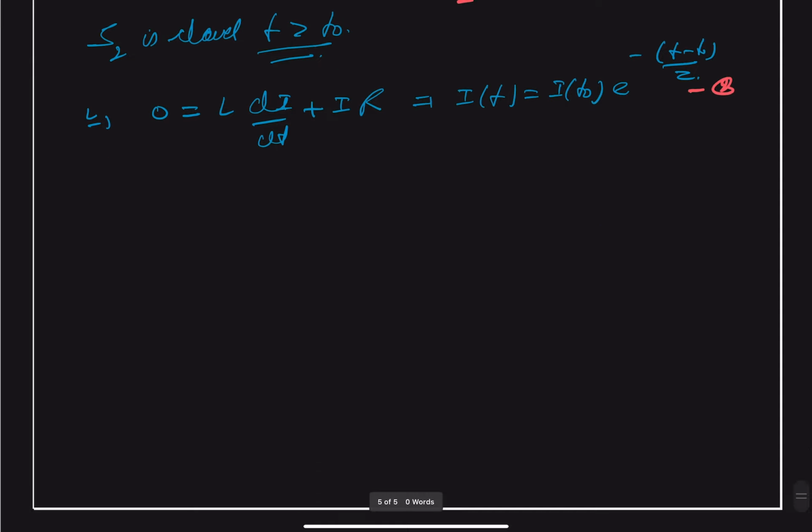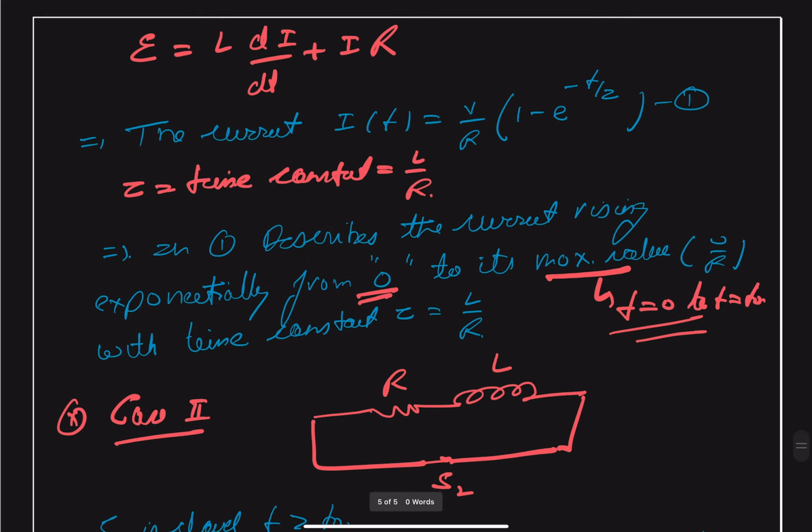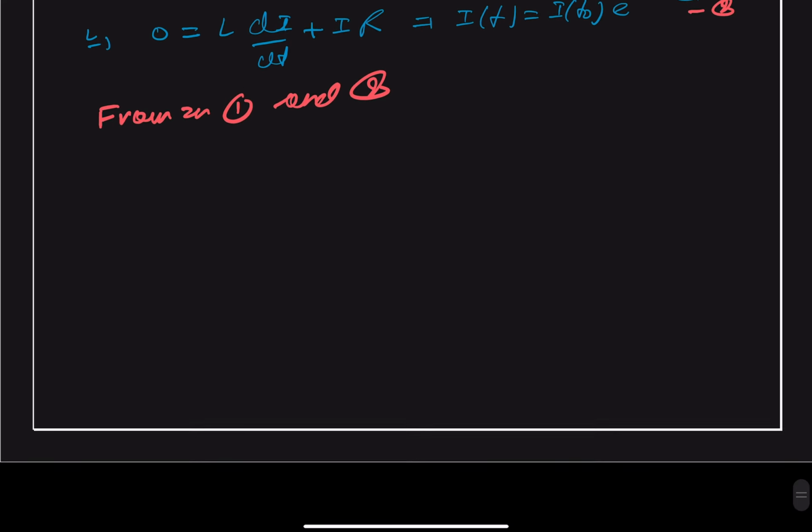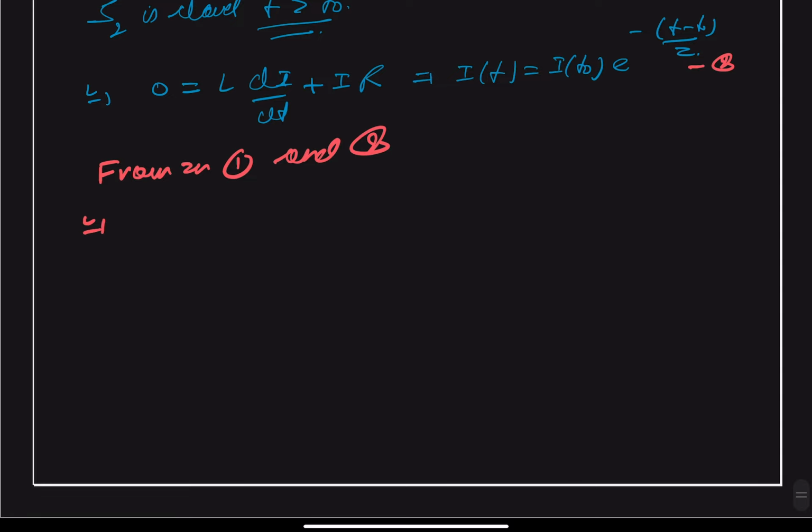From equations 1 and 2, for t greater than or equal to 0 but less than or equal to t naught, the value of the current is I of t equal to V upon R times 1 minus e raised to minus t upon tau.